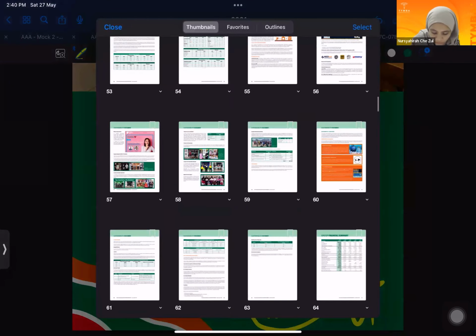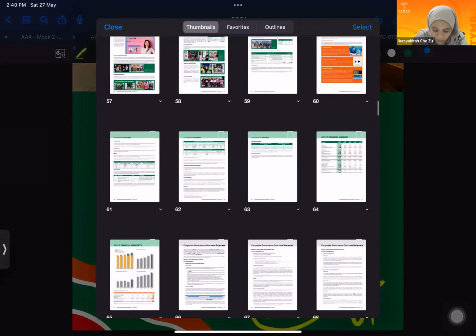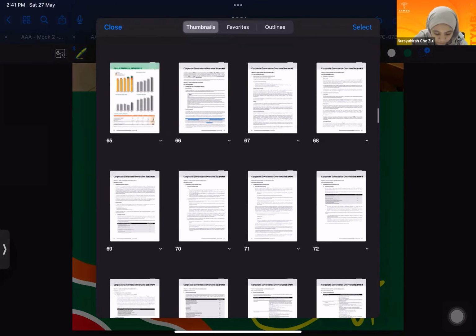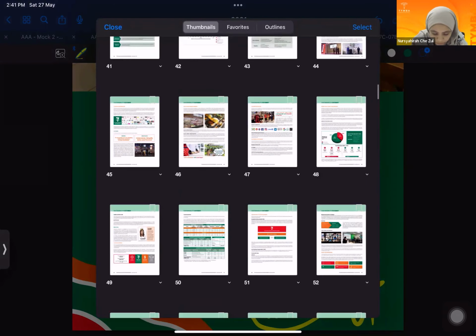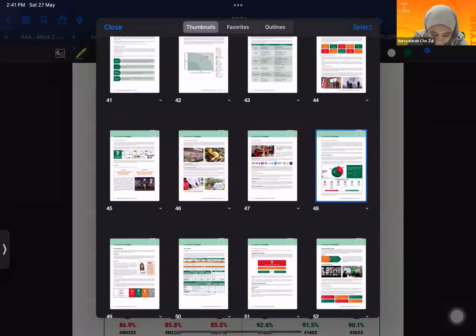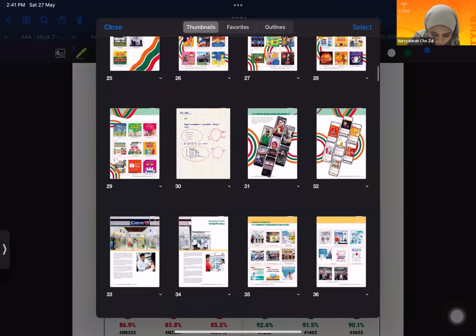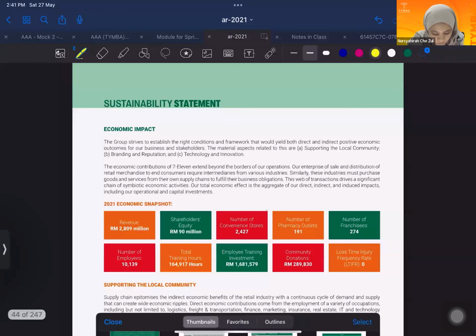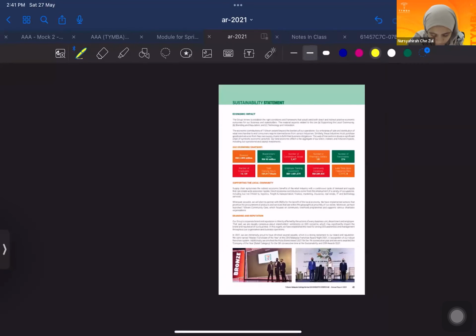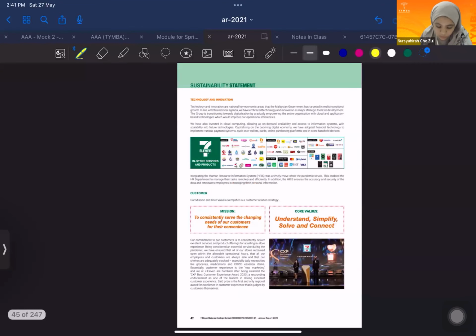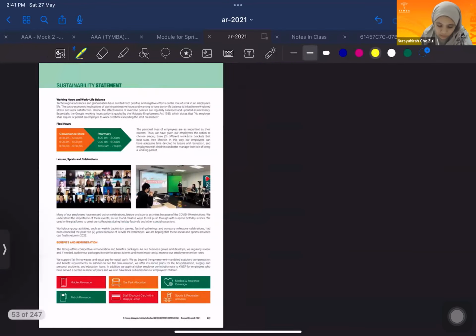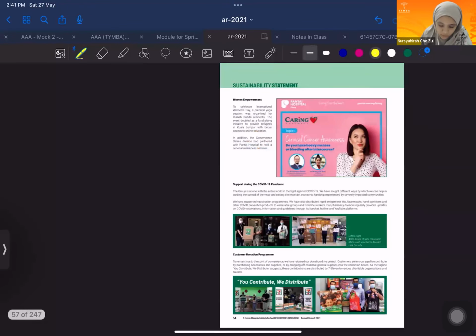Sustainability. Okay, where is it? What is this? The one. Okay lah, can lah. Tak mau lah, sekejap. Okay, hold on a second. Let me just... Mana yang group financial tadi?